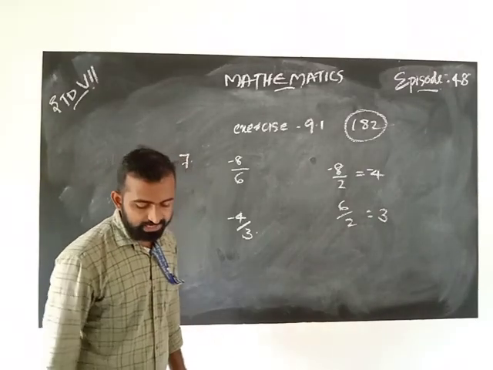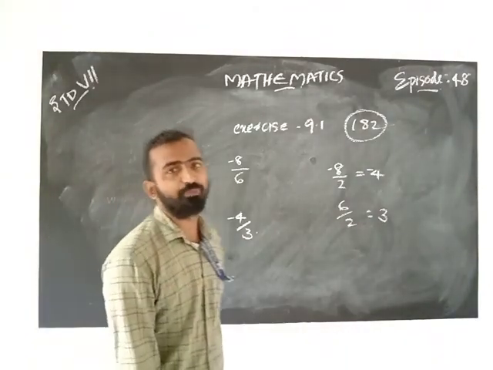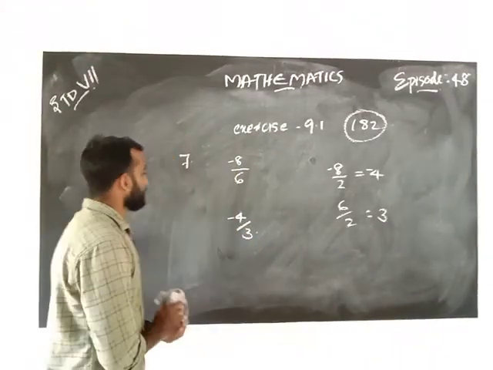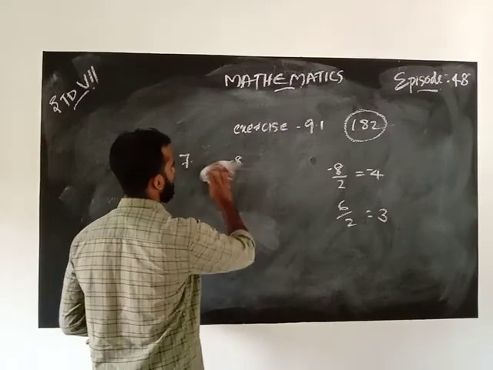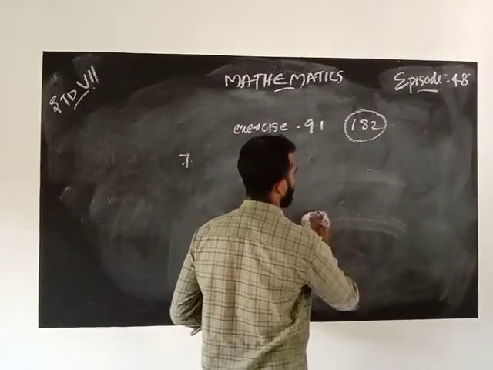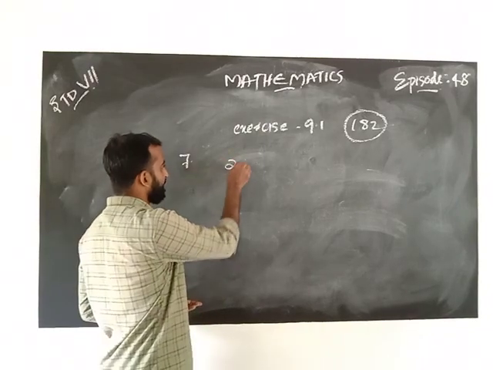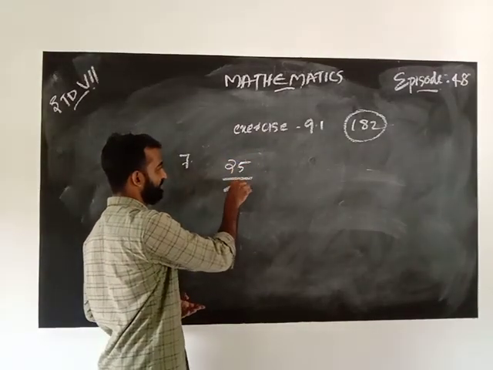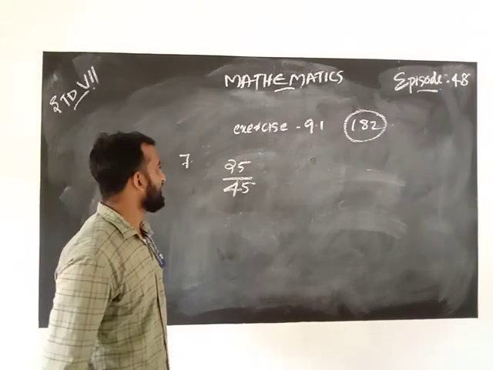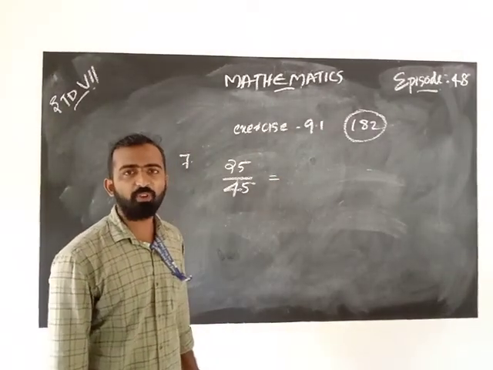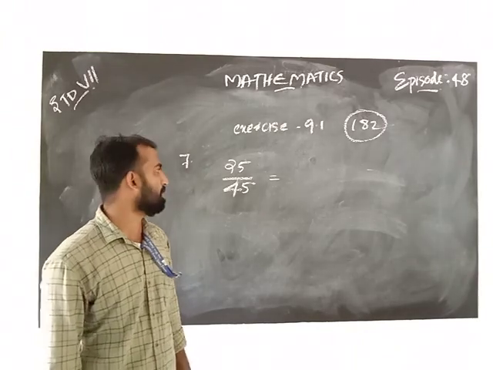And the second one is 25 by 45. What is the answer? 25 and 45, what is the highest common factor?